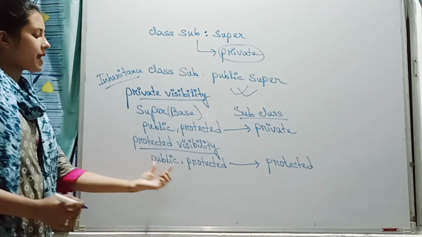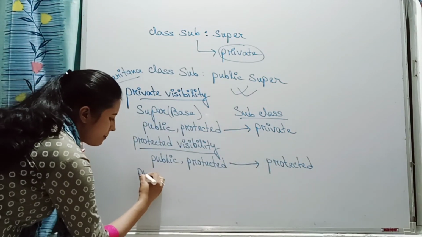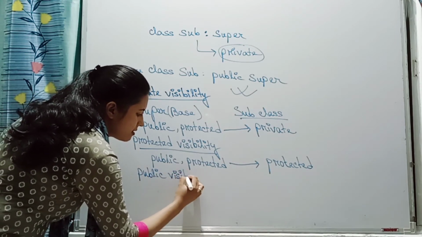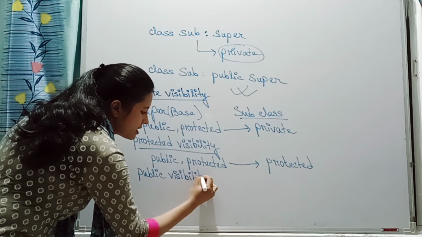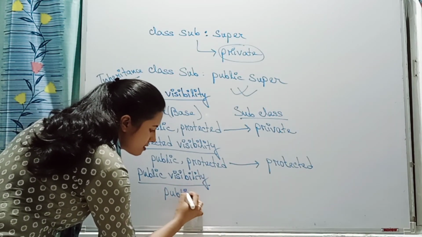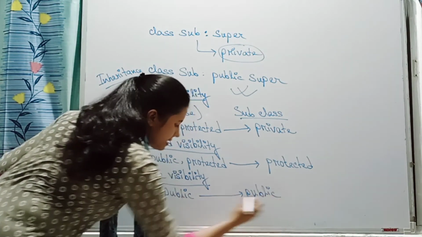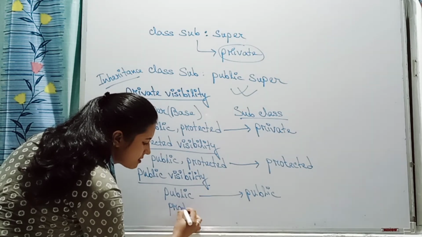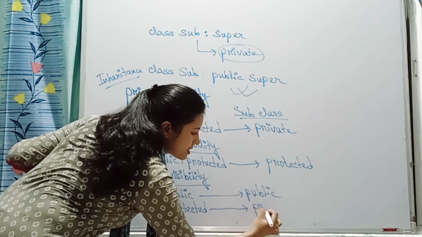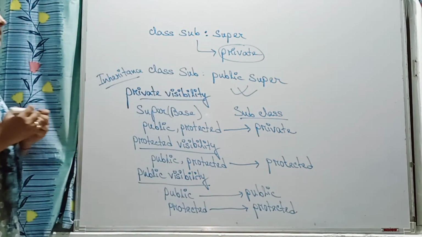And for the public visibility, what happens? The public ones go to public, and the protected ones go to the protected section of the derived class. So this is the summary of the thing that I have discussed.